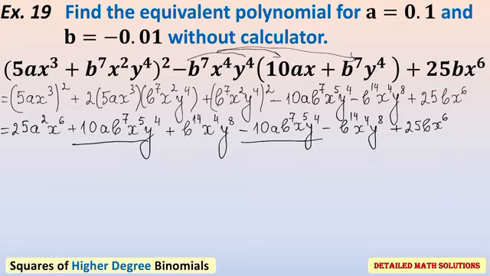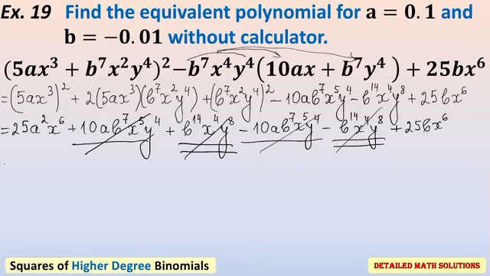These two terms are the same with opposite signs, therefore their sum equals 0, or they cancel out. I also have b to the 14th x to the 4th y to the 8th with a negative b to the 14th x to the 4th y to the 8th, which also cancel out because they're the same terms with opposite signs.